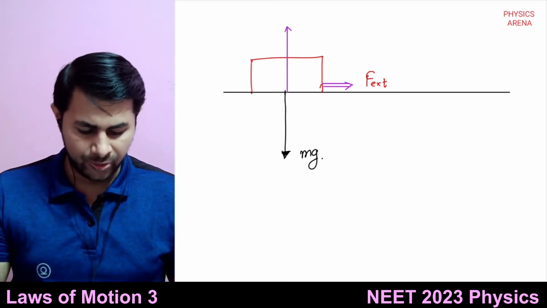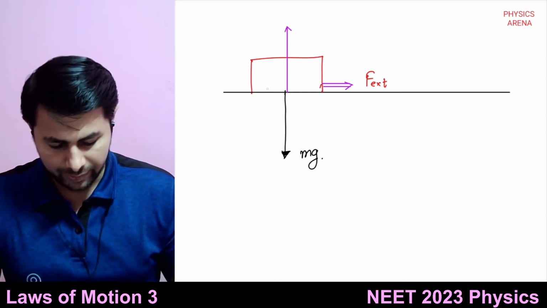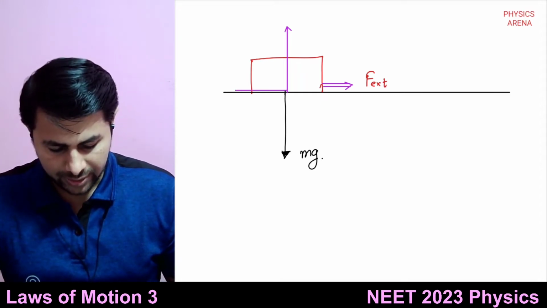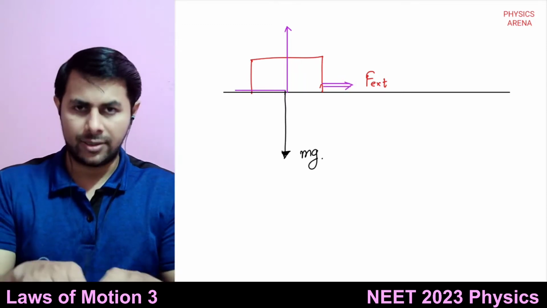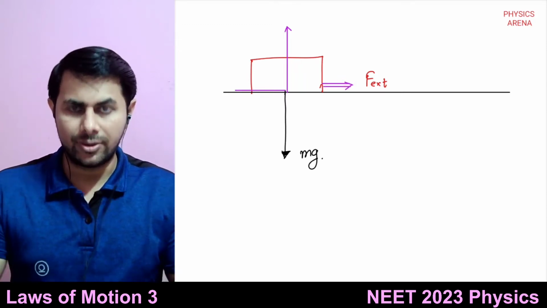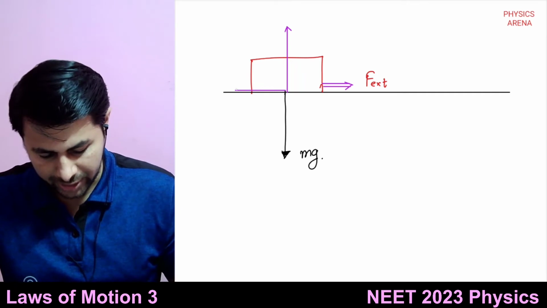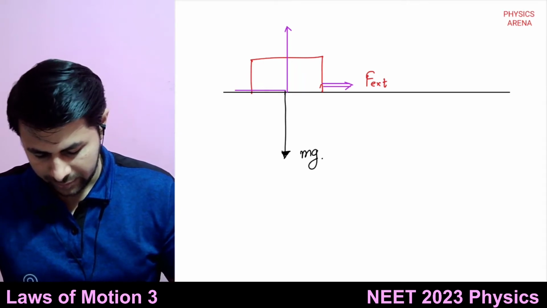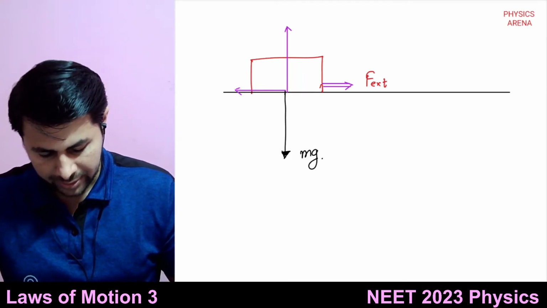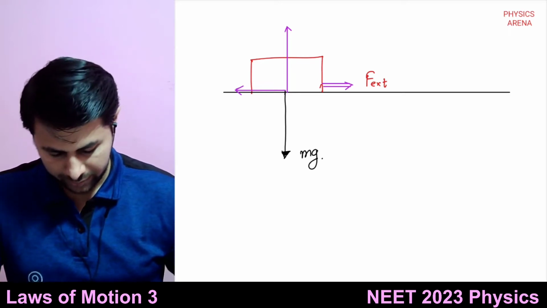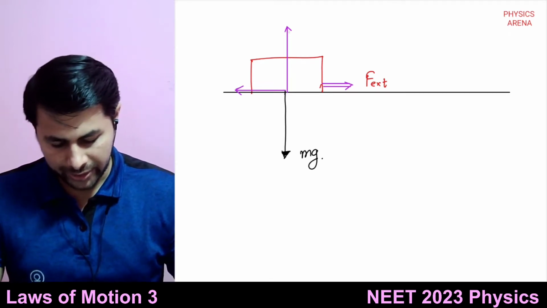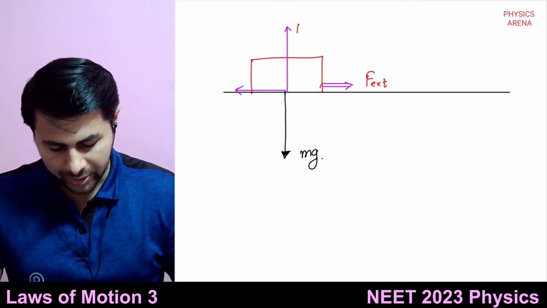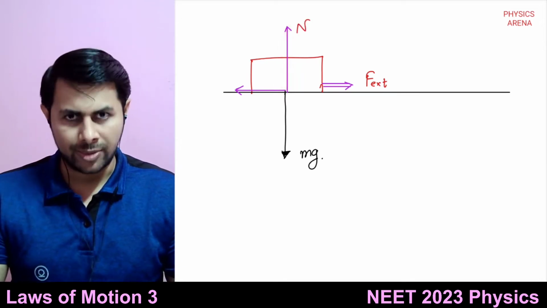And there is a component of the reaction force due to the surface which is opposing this external force, and this component is parallel to the surface. So this is known as friction. This is known as static frictional force. So the component of force perpendicular to the surface is known as normal reaction.